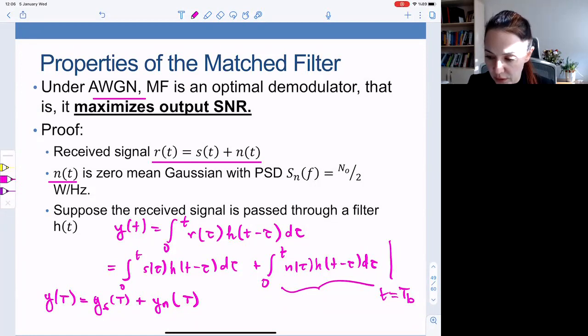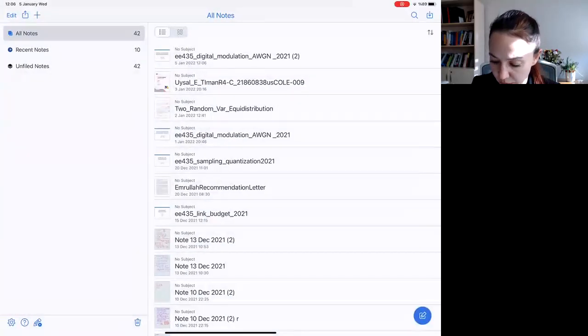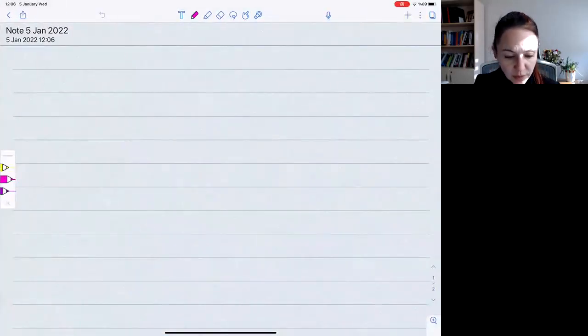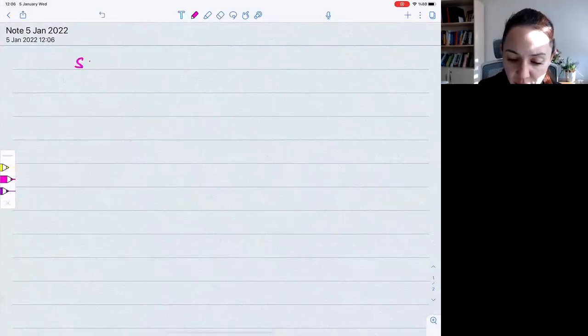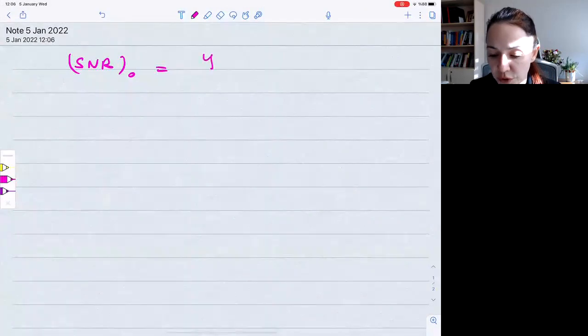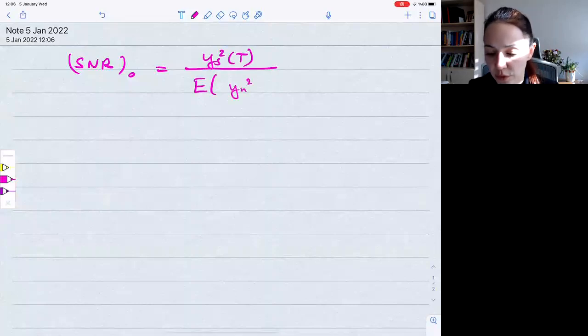Now, let me open up a page to write notes. So now let's consider the SNR at this filter output, which is the power in the signal component divided by the power in the noise component.